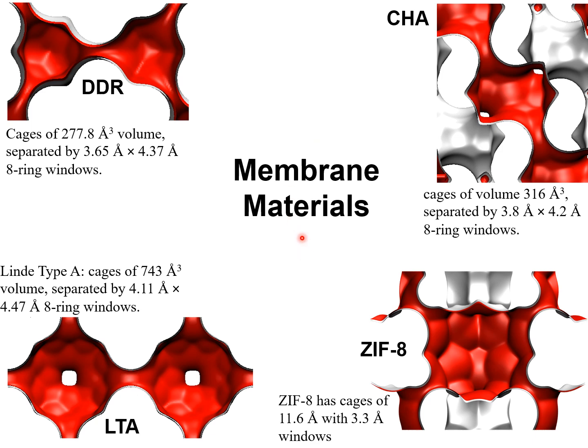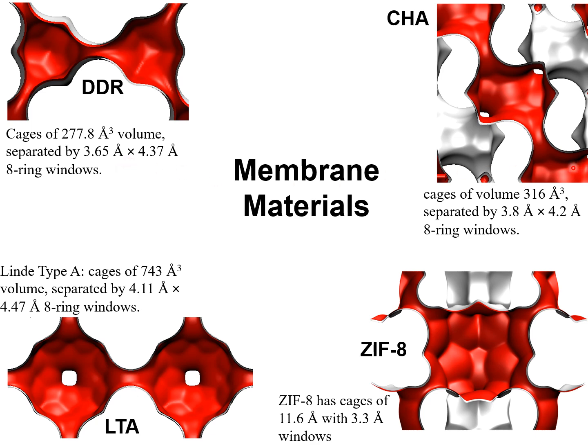The ideal choice of membrane materials for use in membrane pervaporation units are shown here. DDR zeolite consists of cages of 280 cubic angstrom separated by narrow windows with apertures of the order of 4 angstrom.